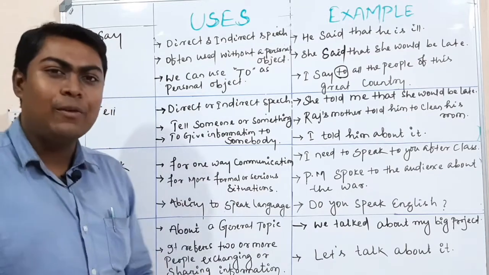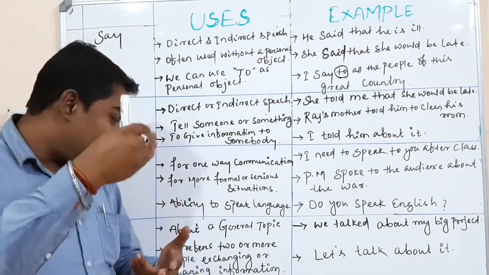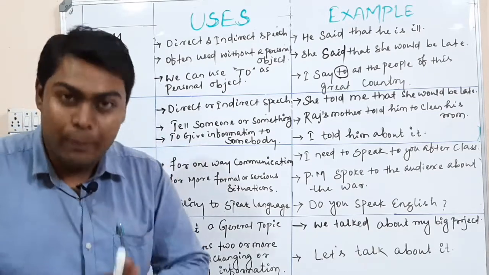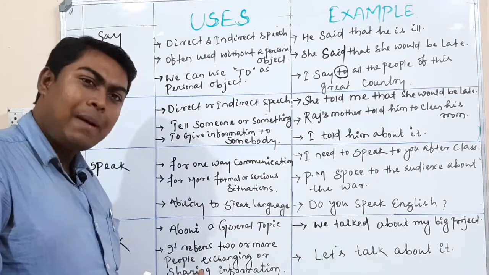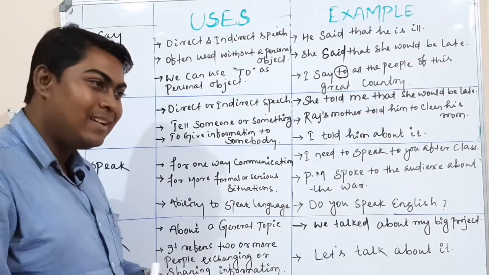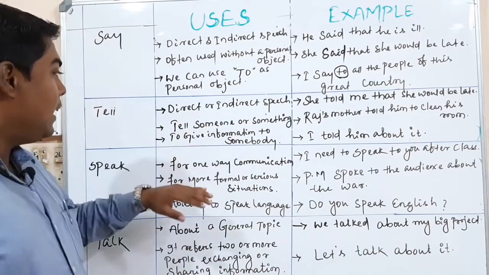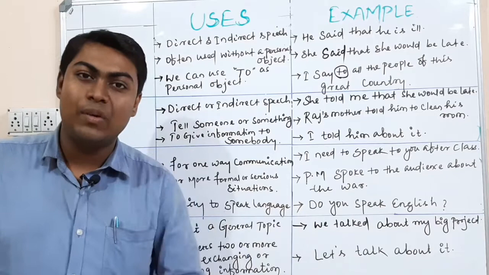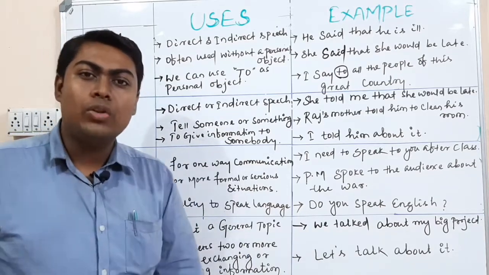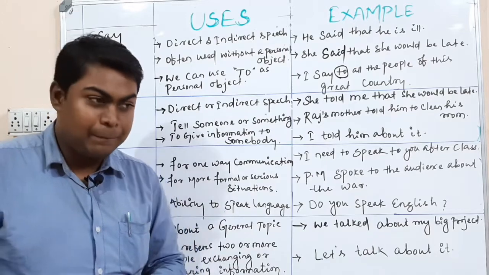Second, it refers to two or more people exchanging or sharing their views about information. There is a difference between passing information and sharing information. What is the difference between talk and tell? In the case of tell, you give information to somebody, you pass on information. But while using talk, you are discussing the information.